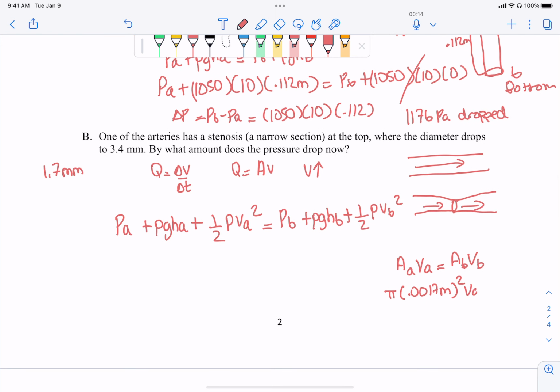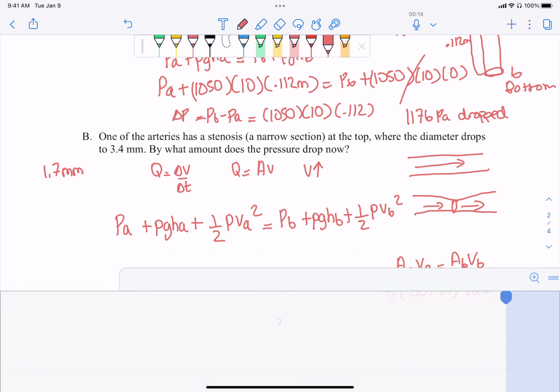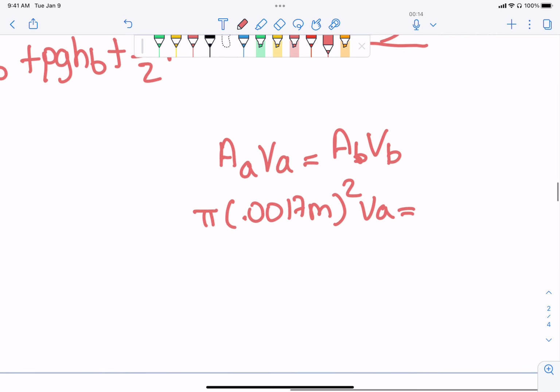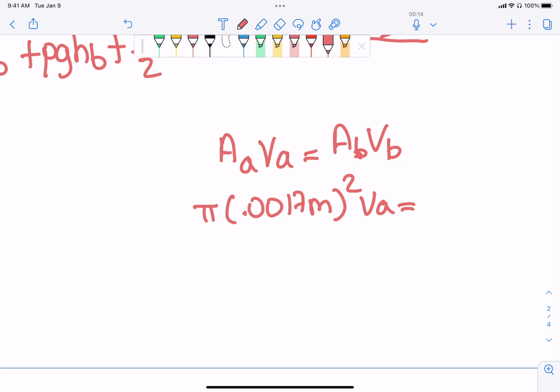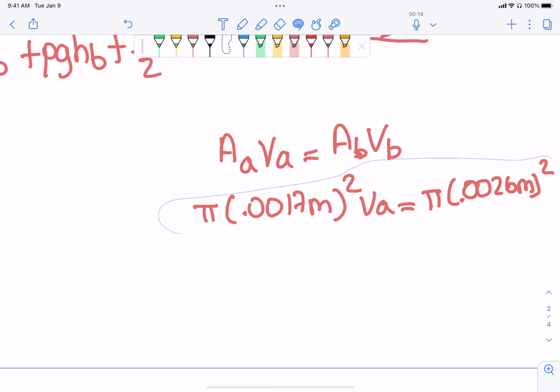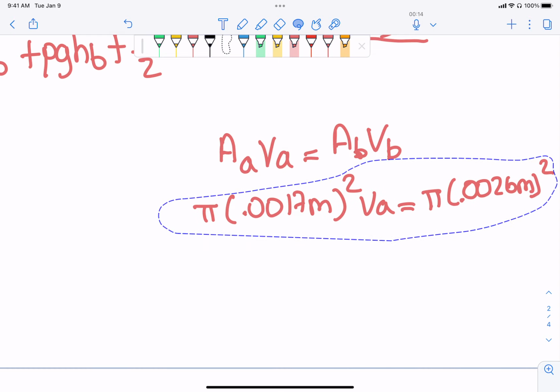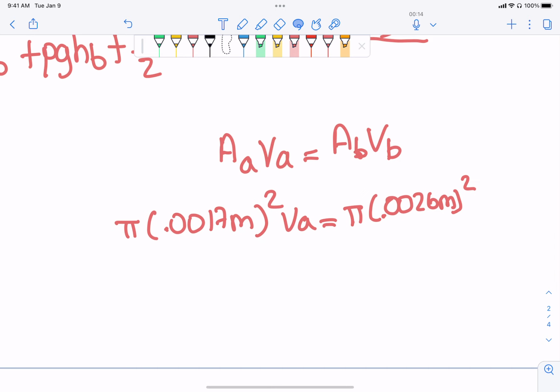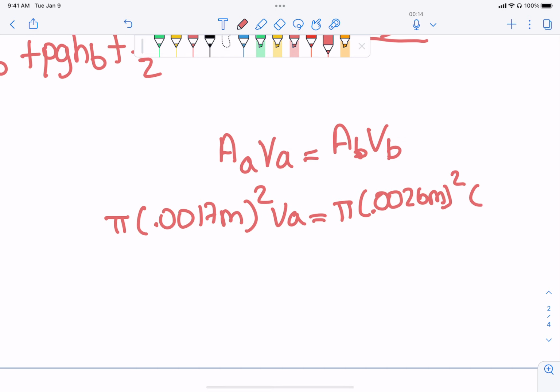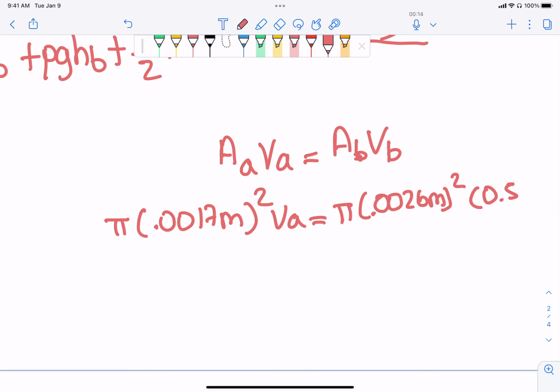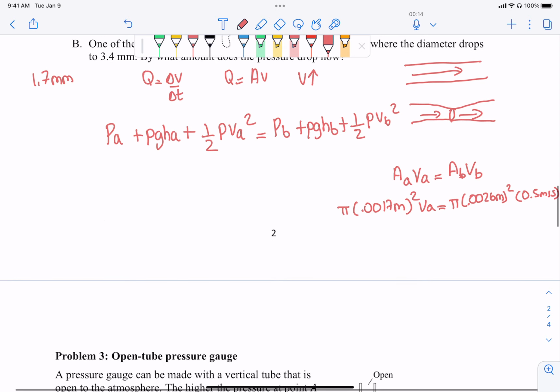Then multiplied by the velocity at A, which I don't know yet. Then I can look at the area for B, which was pi times 0.0026 meters squared. I can multiply that by the velocity from before, which is 0.5 meters per second, and then solve for VA.